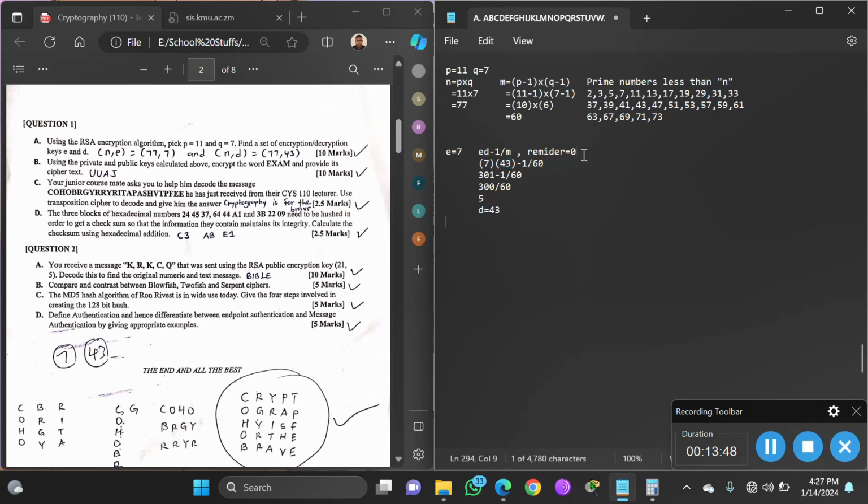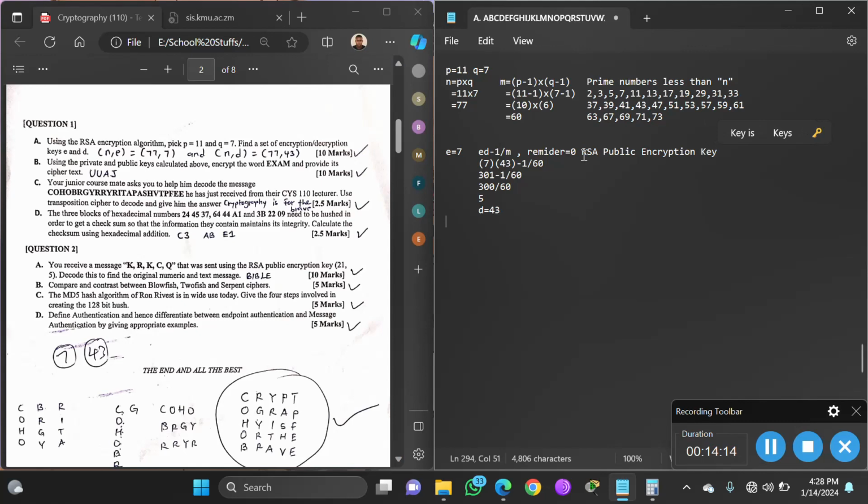Okay, so now we can come up with the public and private keys. Let me follow the question. We have the RSA public encryption key.